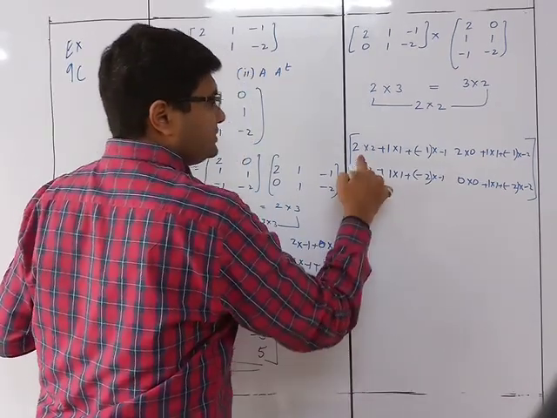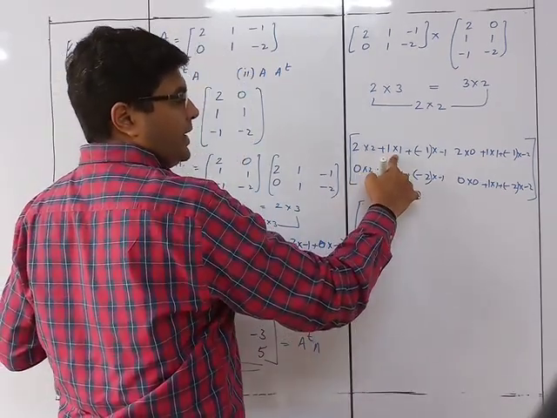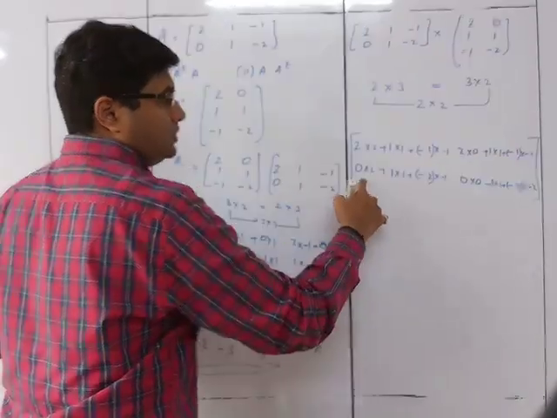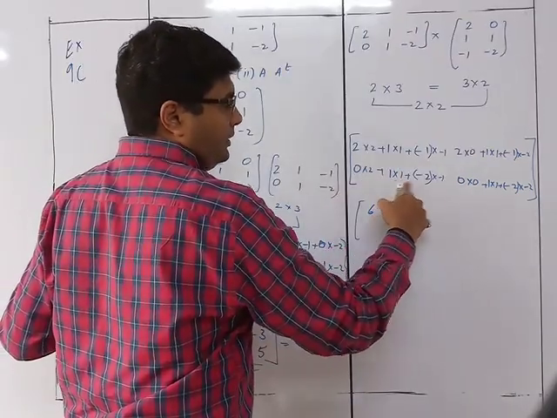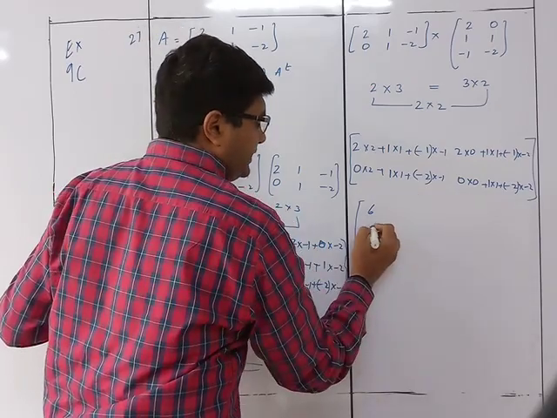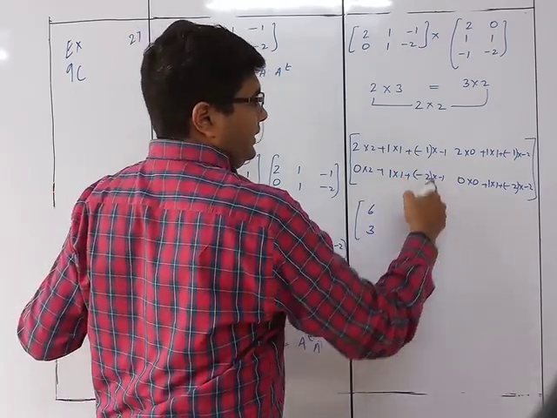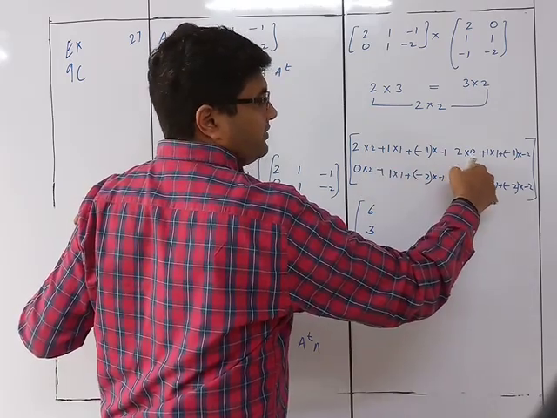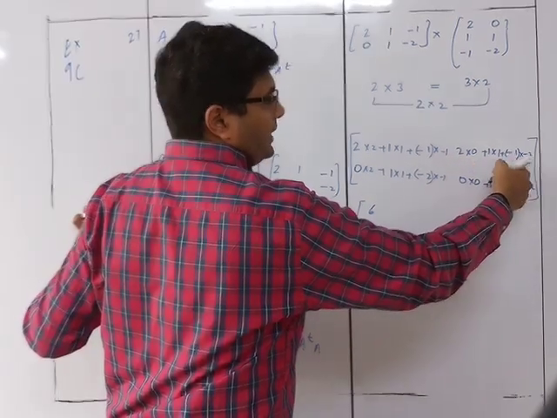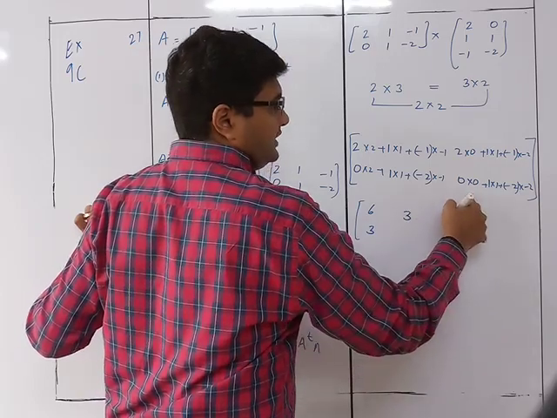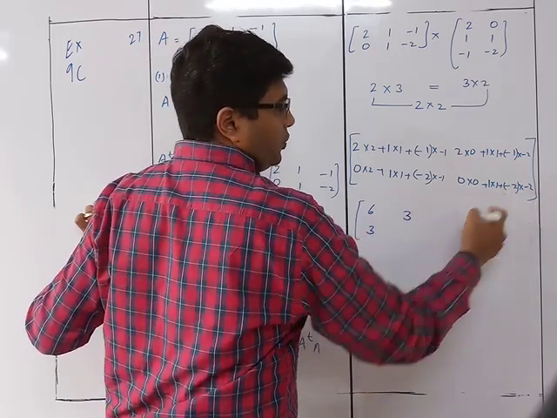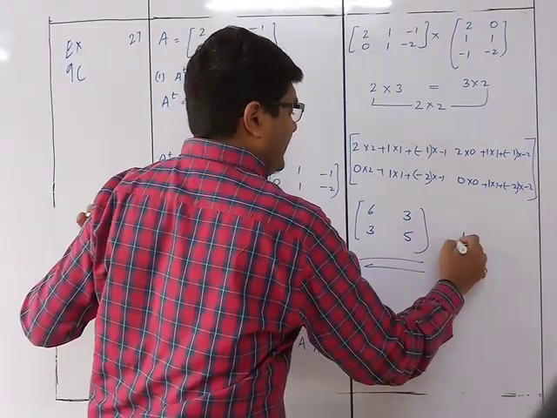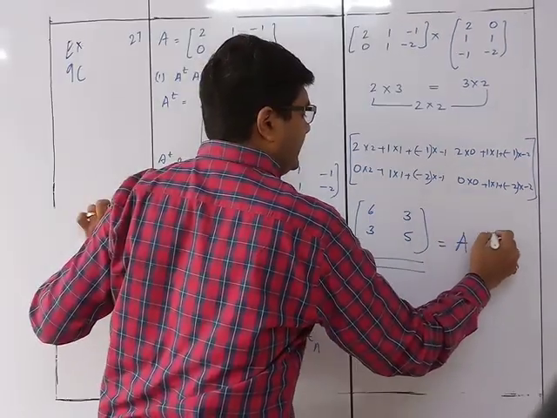Accordingly, what we have is 4 plus 1 plus 1 is 6, 0 plus 1 plus 2 is 3, then 3, and 0 plus 1 plus 4 is 5. So that's the answer for A into A^T.